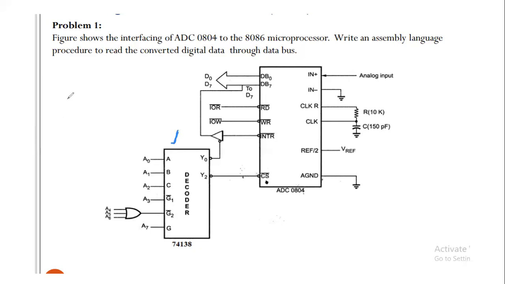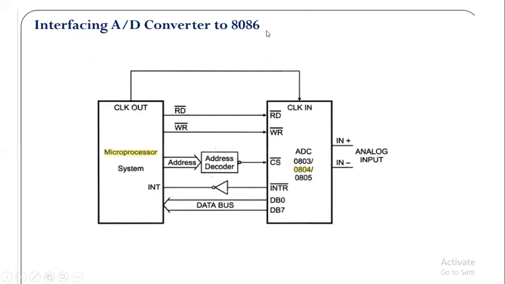We have seen in the previous slide that the addresses of the microprocessor are given to the address decoder, then to chip select.